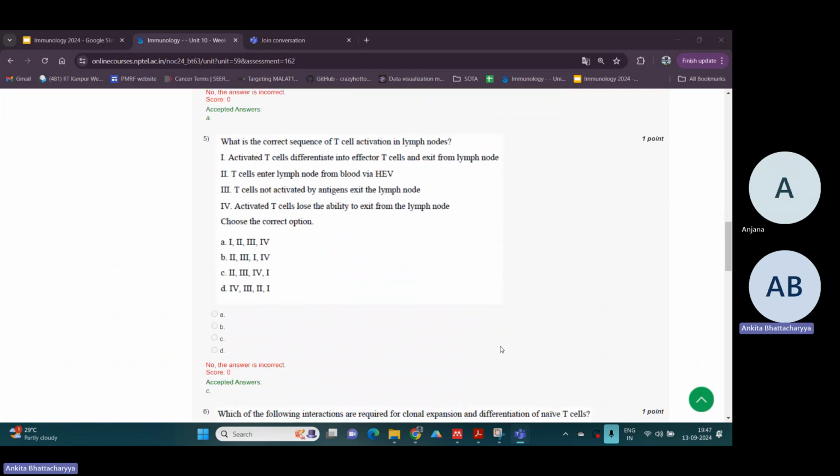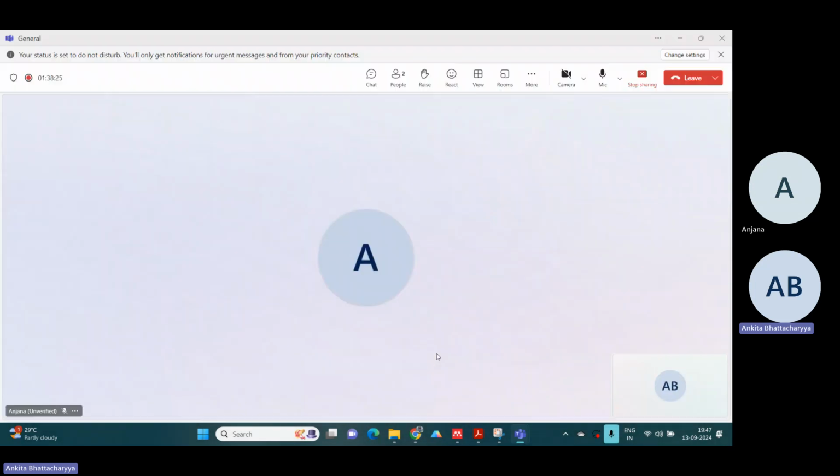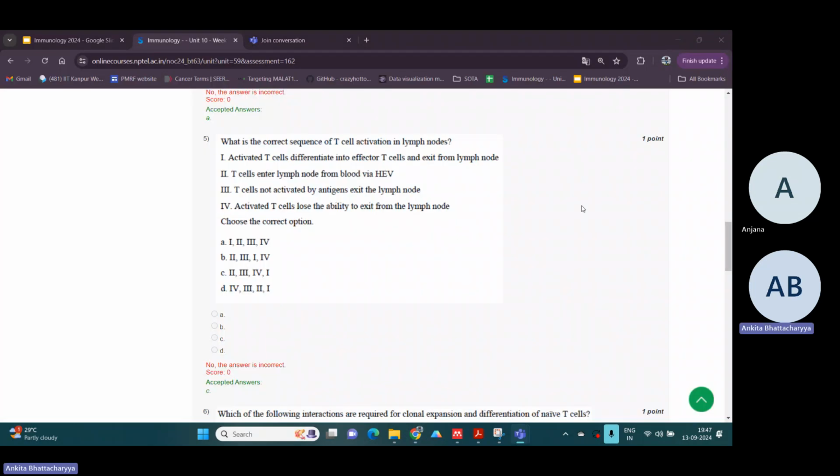Then we were asked about the correct sequence of T cell activation in lymph nodes. What was the correct order of arrangement in this case? We'll read the options quickly. First, activated T cells differentiate into effector T cells and they exit from the lymph node.